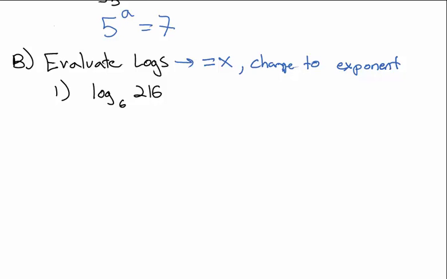In other words, if we want to know what log base 6 of 216 equals, for now we're going to say it's equal to x. And whenever we get our solution for x, that must be what log base 6 of 216 is.